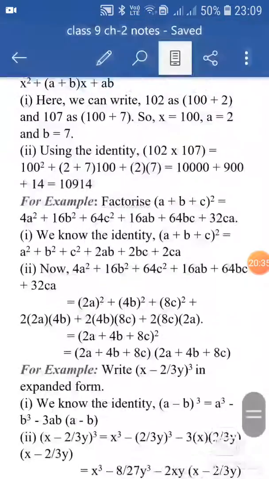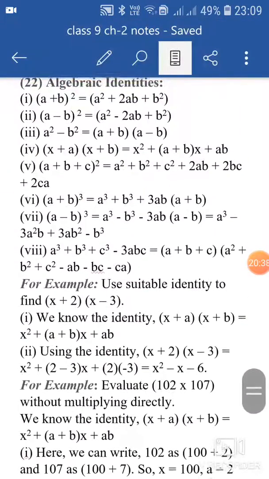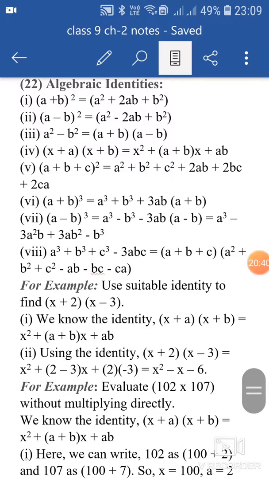Then we have more identities, that is cubic identities: (a plus b) whole cube and (a minus b) whole cube. It is similar to what we did in the square terms, the expansion of squares. In the cubic, (a plus b) whole cube equals a cube plus b cube plus 3ab into (a plus b). Next, (a minus b) whole cube equals a cube minus b cube minus 3ab into (a minus b).